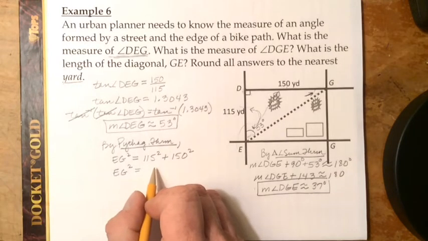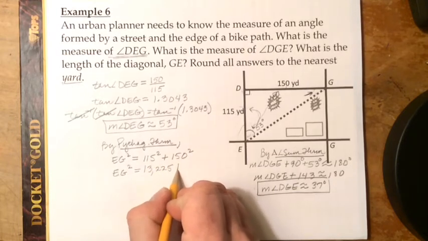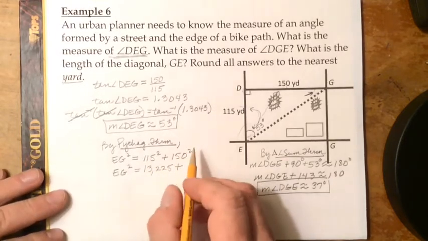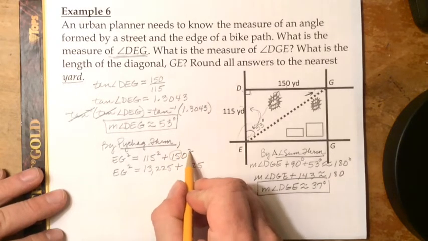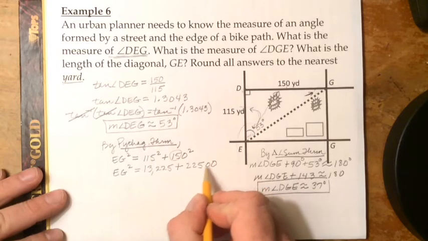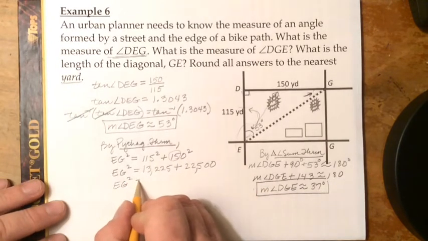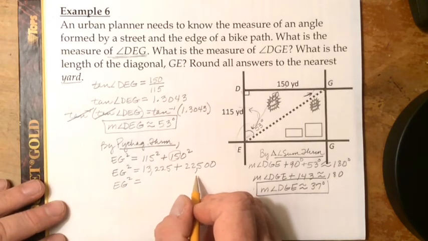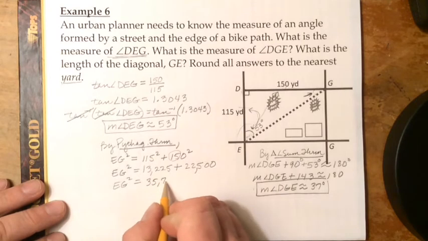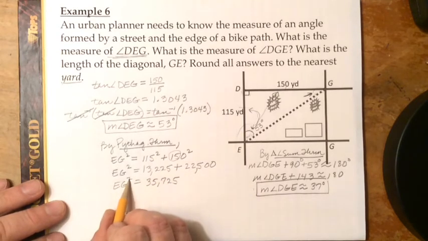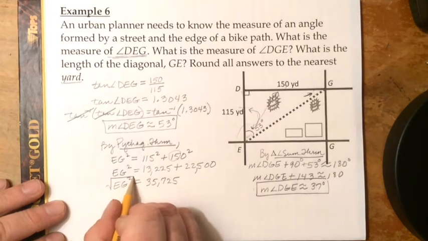Let's see, that would be 13,225 plus 150 squared. Watch this, 15 squared is 225, and then you have two zeros, so that's 22,500. So EG squared is equal to, now we need to add those together, and we get 35,725. Now we need to take the square root to get rid of the square because we're looking for the length of EG, not EG squared.